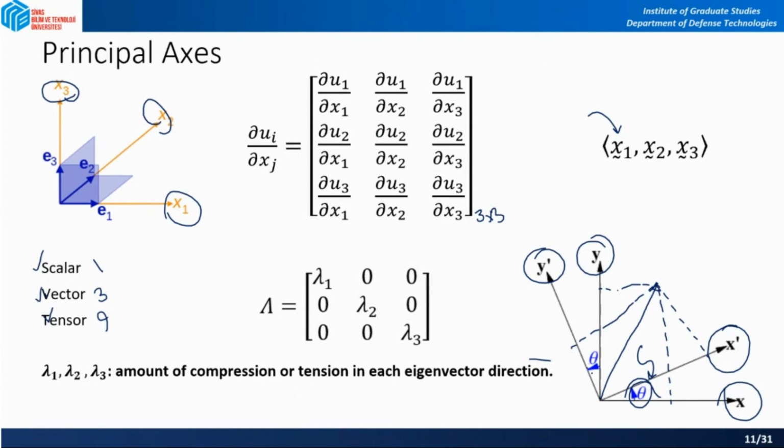And somehow magically, when you find the components of the rotated tensor, it's a diagonal matrix, like matrix lambda.